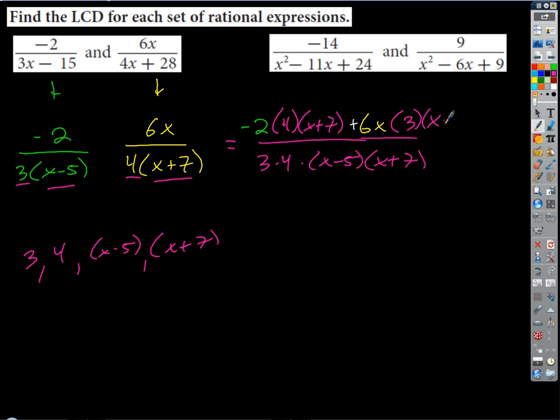Three, right? And then that would be it. On the bottom, I get the product of all those, which is 12 times x minus 5 times x plus 7, which I could multiply out. And on the top, I get, well, we'll pick this up. You get the idea? Okay, we'll keep going with this.